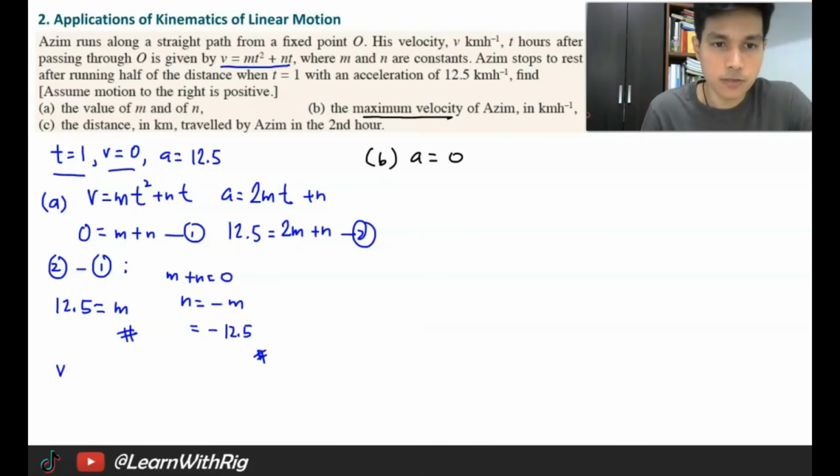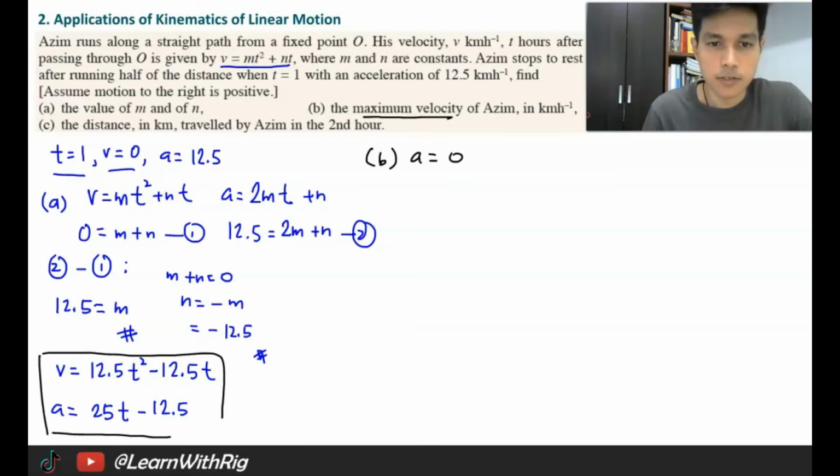Now your velocity function is v = 12.5t² minus 12.5t, and a is equal to 12.5 times 2, which is 25t, minus 12.5. Okay, so this is your v and a function. Just write here so that it's easier for us later.